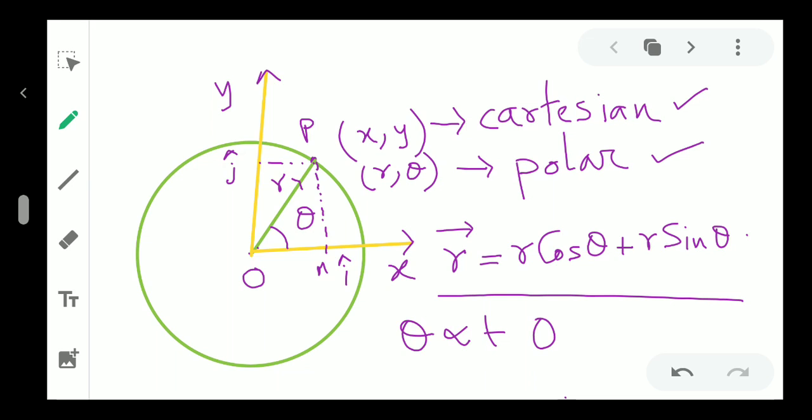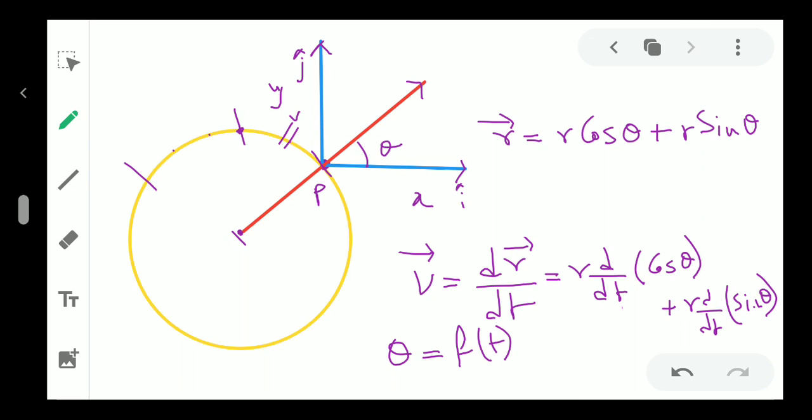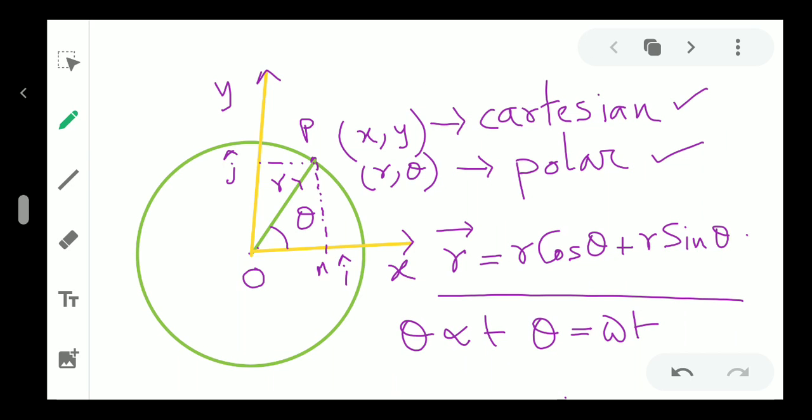So theta is equal to some proportionality constant, which we write as omega, times time. When the particle goes from P to Q, theta is always increasing, so theta is equal to omega t.